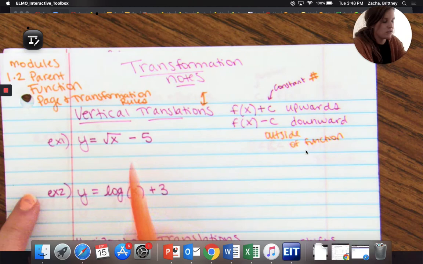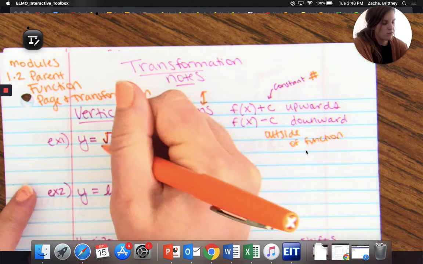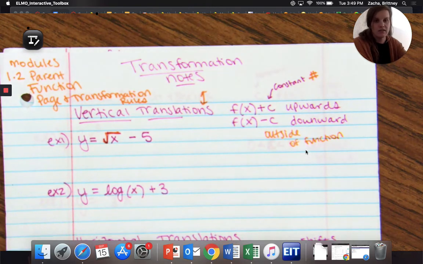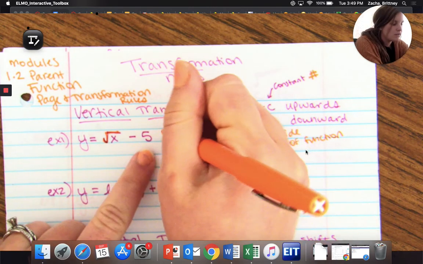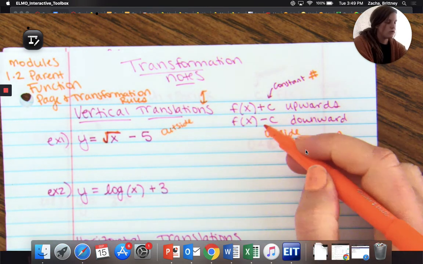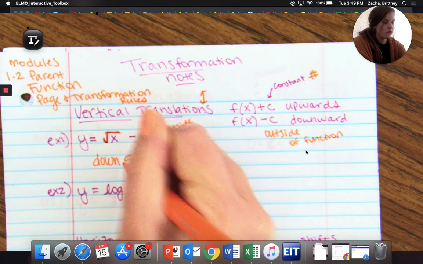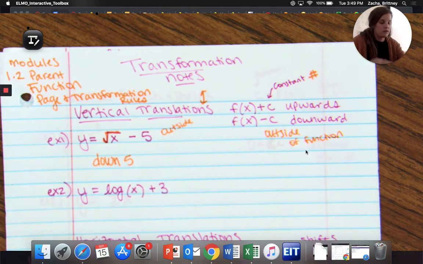So looking at this example 1, see how square root is my function, and that square root is just over the x. The minus 5 is not underneath the square root. It's on the outside of the function, right? So you look at your rule and say, oh, it's a minus, so this is going to go down 5. Today in this video, I'm just showing you how to recognize it from an equation, so you can translate that to your project.